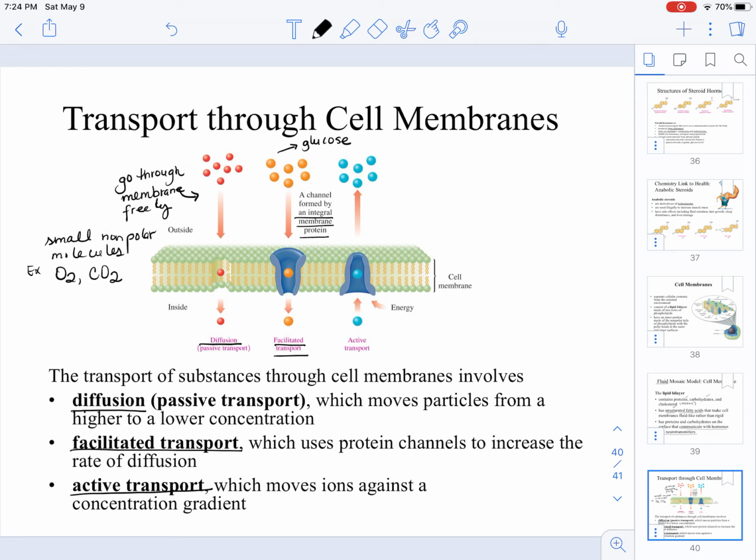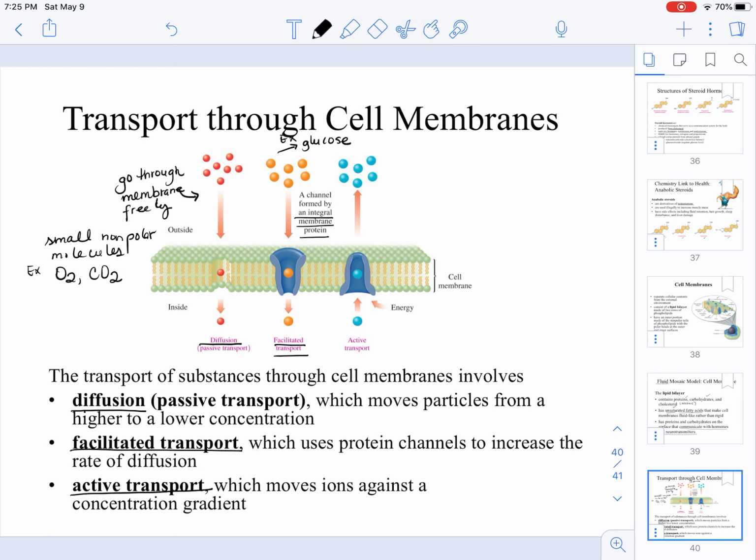Glucose, this monosaccharide, is known to enter the cell through facilitated transport. Understand that diffusion and facilitated transport are both types of passive transport, okay? That's why it's just said that facilitated transport is just increasing the rate of diffusion, because now we have a tunnel specifically for this biomolecule.